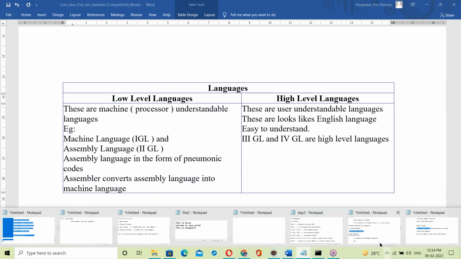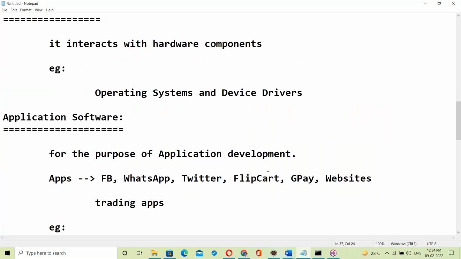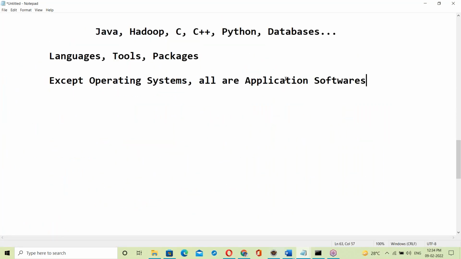Now let us see languages. Languages here means software languages. What is a language first of all? We speak many languages like English, Hindi, Telugu, different kinds of things.